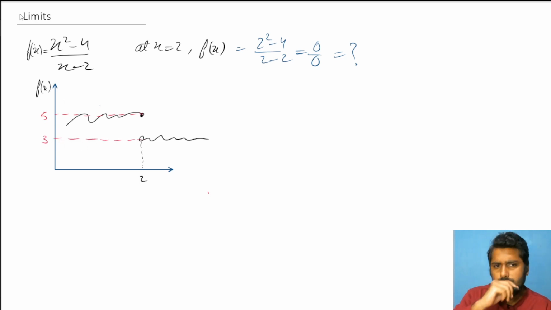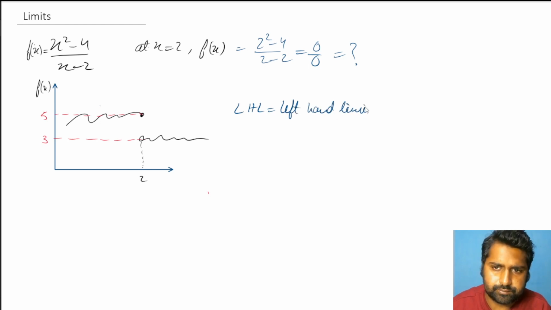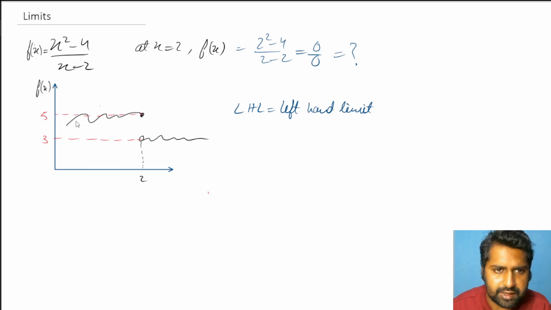Okay, now there are two words that I'll define. First is LHL, known as left hand limit. Okay, what does that mean? It means that if you approach this function from the left side, means you start tracing it from here and you keep approaching this point at x equal to 2.